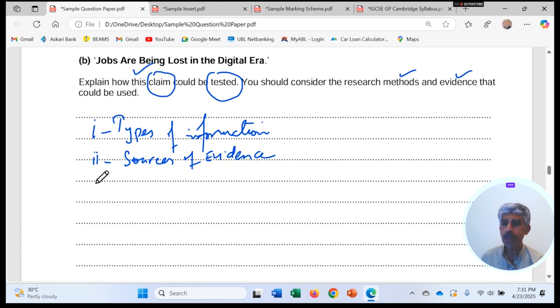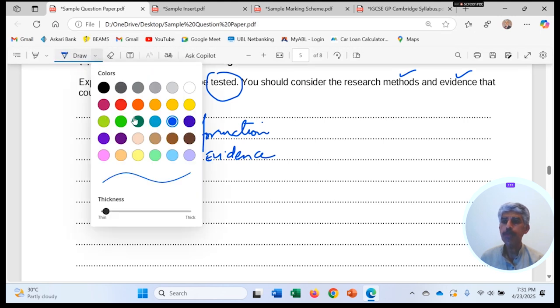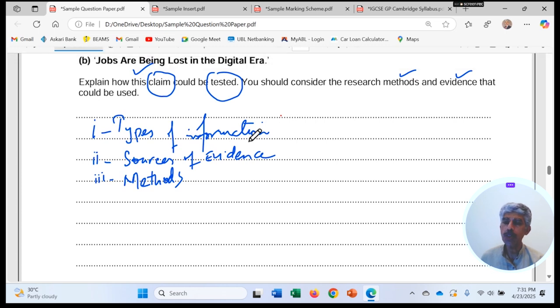And number 3, the methods. But this was the previous method, for those who already appeared last year. They were supposed to explain this question in 3 phases, and they were given the types of information option as well: types of information, then evidences, and then methods.